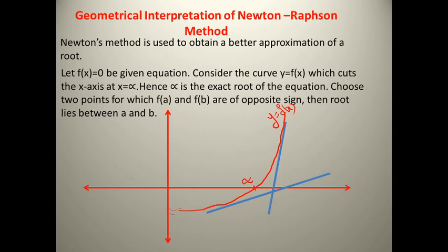So choose 2 points A and B, say I will take the 2 points A over here and B, such that their values are of opposite sign. So here we have f of A and f of B.